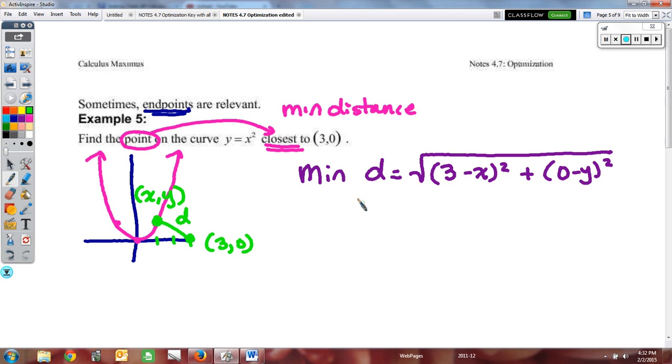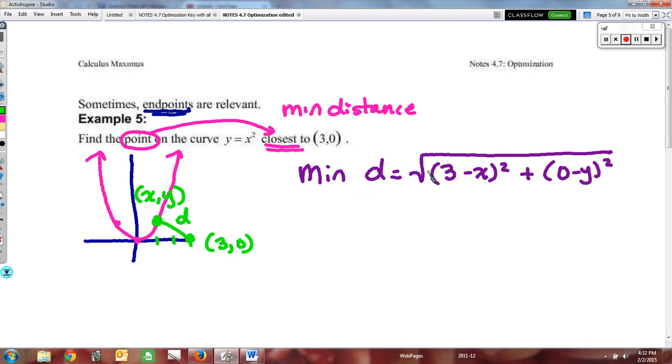It's way easier. Minimizing the square root of something occurs at exactly the same spot as if I minimize the underneath part of that radical, okay? Which is kind of like your Pythagorean theorem. You can minimize the distance squared because that will be at the exact same spot.